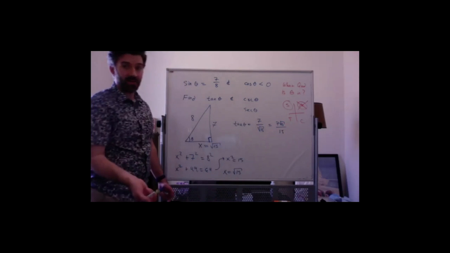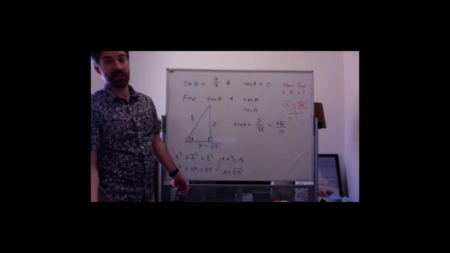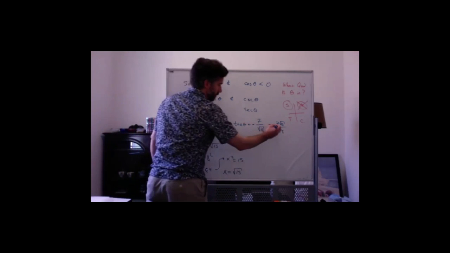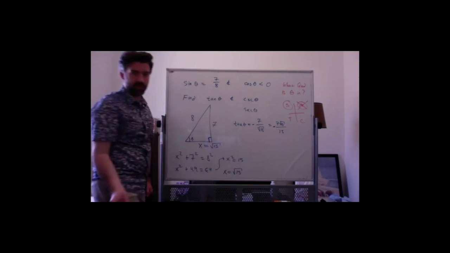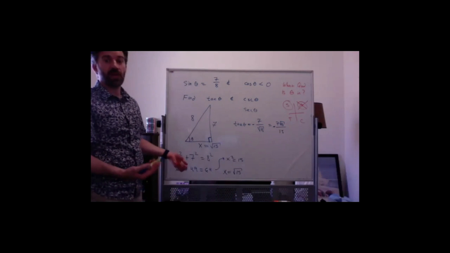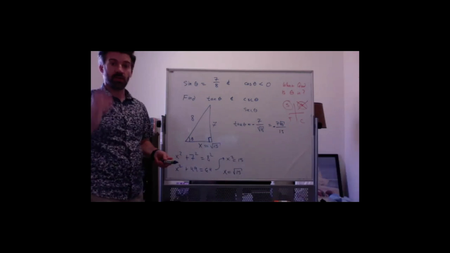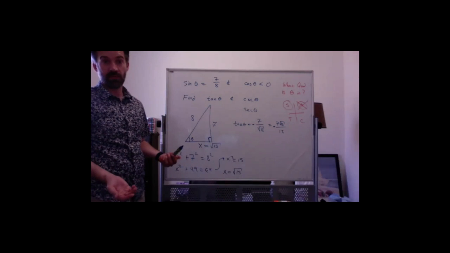Now, I know that since we're in quadrant 2, tangent is negative. So really this should be negative 7 over root 15, which is negative 7 root 15 over 15. And that's typically how I do it. I find the value first, and then I use the quadrant to determine if it's positive or negative.